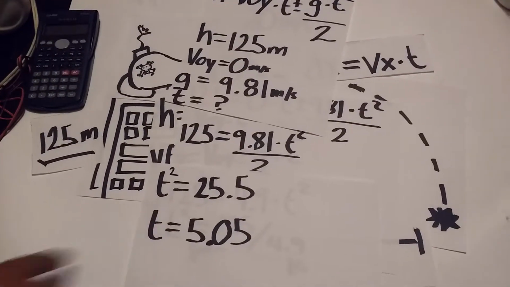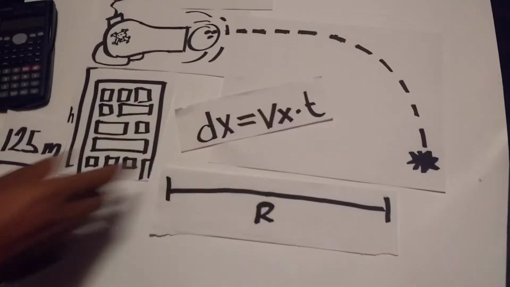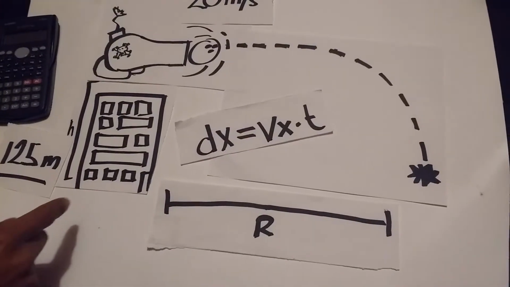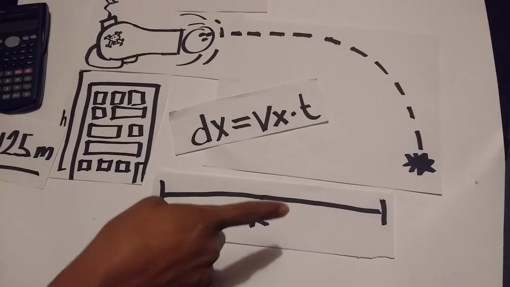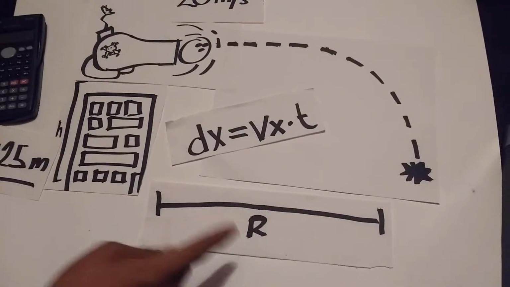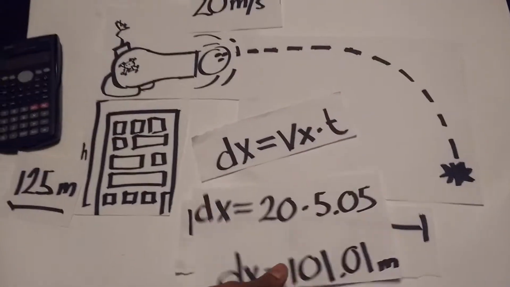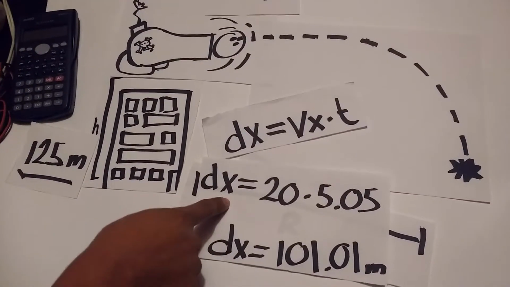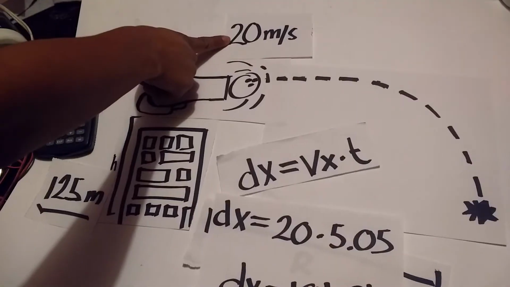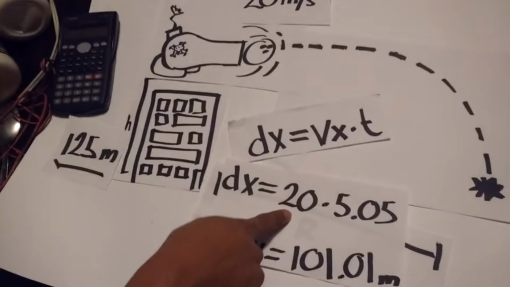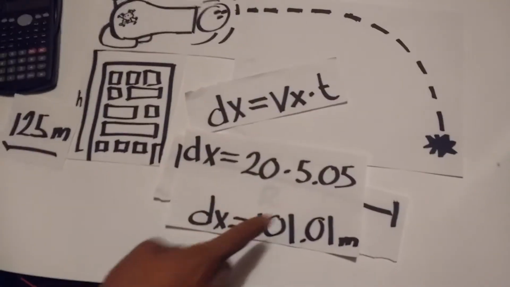So now that we have time, we can use this formula about the distance. The r means distance. So we replace the values: the distance of x is equal to the initial velocity, 20, times the time that we solved a moment ago.